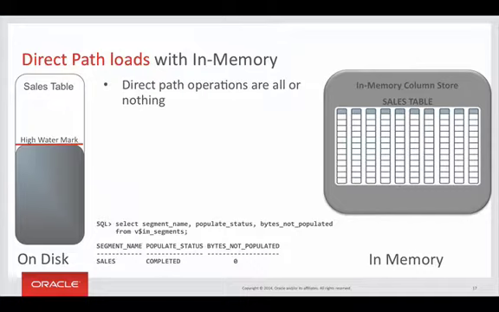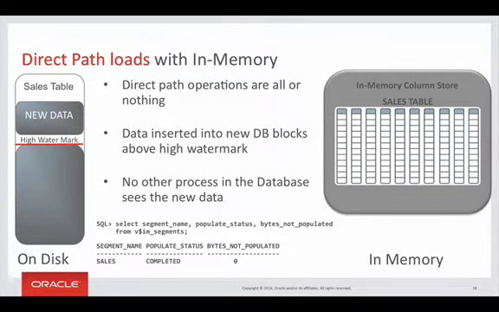So with a direct path load operation, what's actually going to happen is the new data will be inserted into new database blocks that actually appear above the high water mark. That way, any other process in the database that's having to read this object won't actually see those changes yet. They'll read the object, as I said, hit the high water mark, and think they're done.